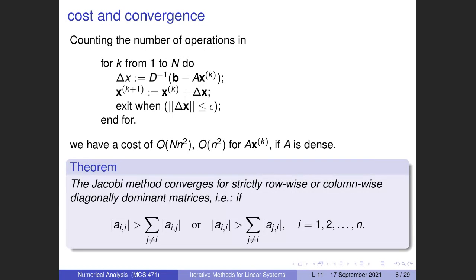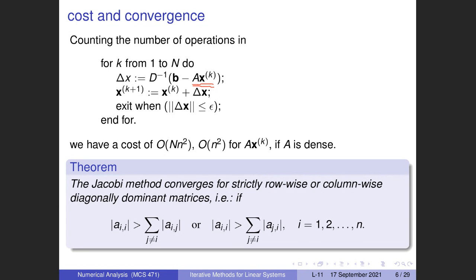So it's n to the power 3. Here, if we look closely at the costs, what is it that we do most? Well, the matrix vector multiplication is the portion where we have to spend most of our time. So most of the effort is in the matrix vector multiplication. All the other operations are linear in the dimension.